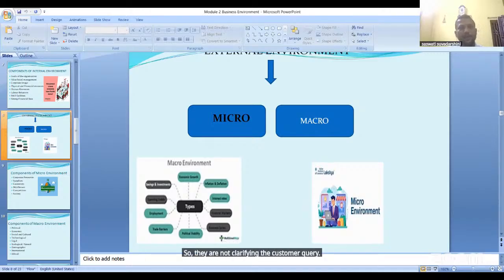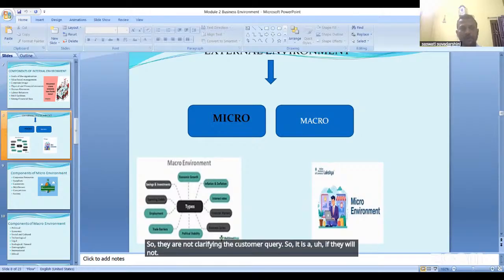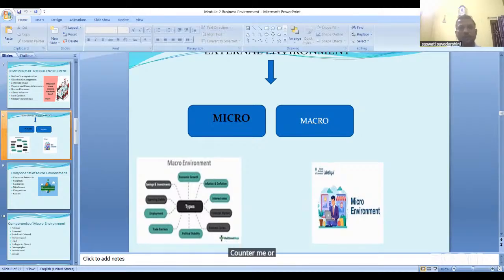If they do not properly tell me what the charges are, or clarify what charges they are taking, then I will go for legal action or a court of law.